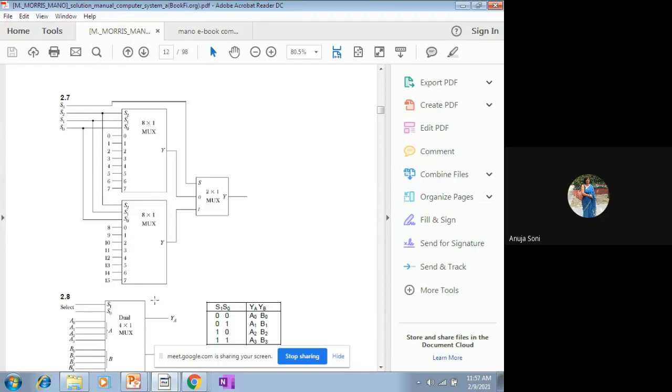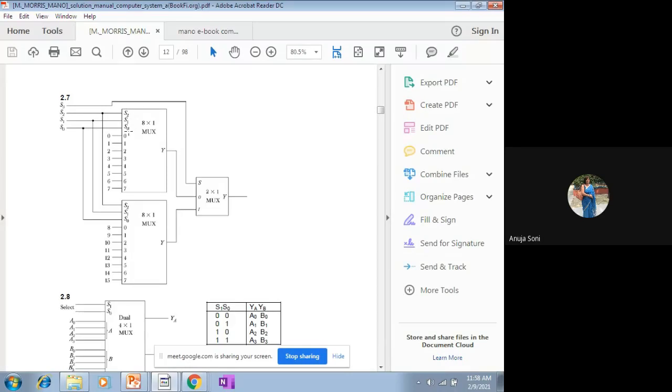Similarly, for the second multiplexer, again 8 inputs are needed. For your first multiplexer the inputs will be 0 to 7, and for the next multiplexer we can call them number 8, number 9, number 10, and so on till 15. Those 8 inputs again generate 1 output value, right? On the basis of the 8 inputs, how many select pins are needed? 2 raised to power 3 means 3 select pins are needed.